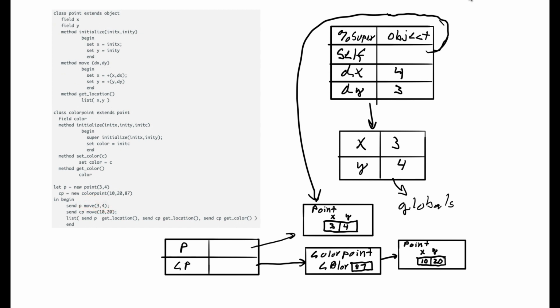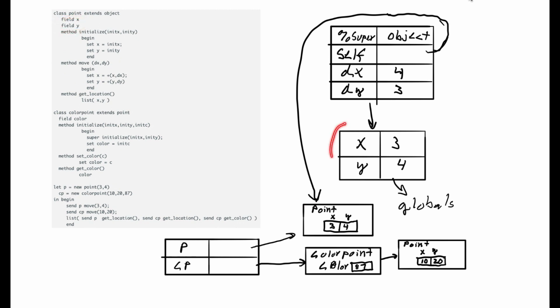So what our system will do is first it will look up p, find out the point in the environment, find its class name, look in the class environment for a class called point, and then look through that class for a method called move. Now it knows that there is a move method in the class point. So what it will do is it will create an environment with the fields.